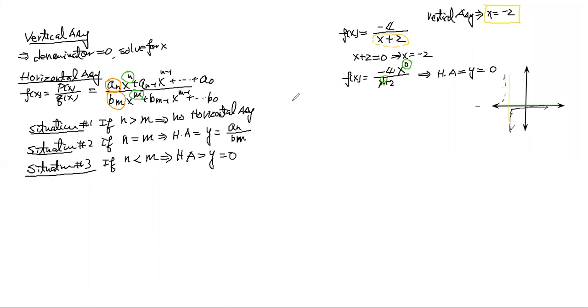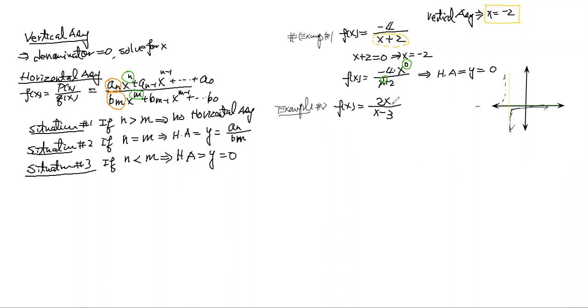Okay, now let's take a look at the second example. So that was example number 1. Now example number 2: f of x equals 2x over x minus 3.